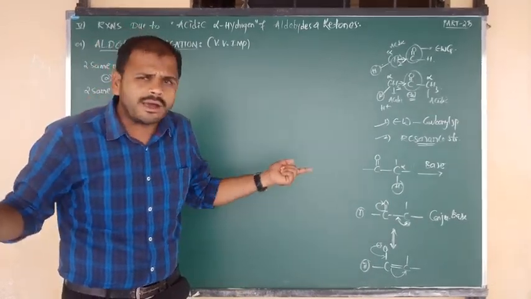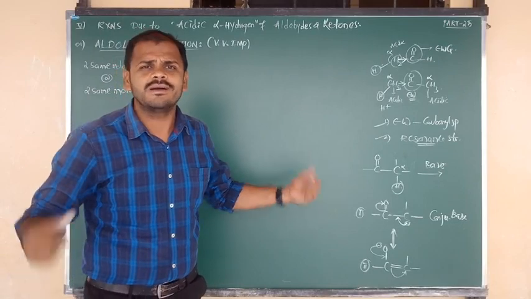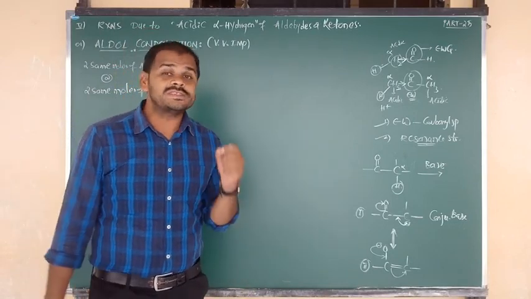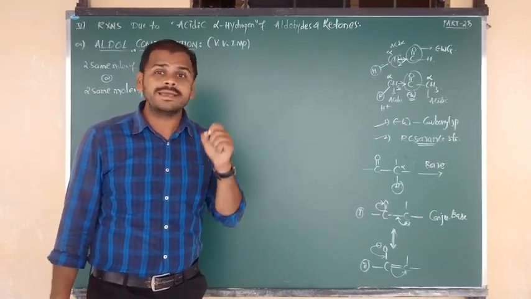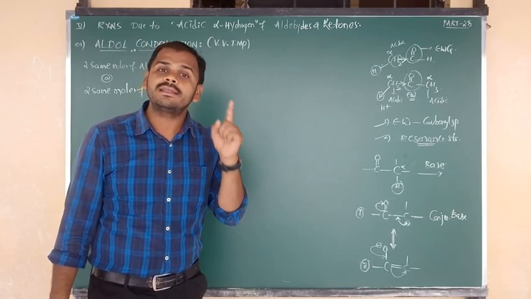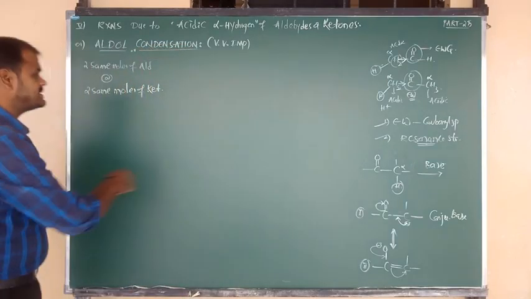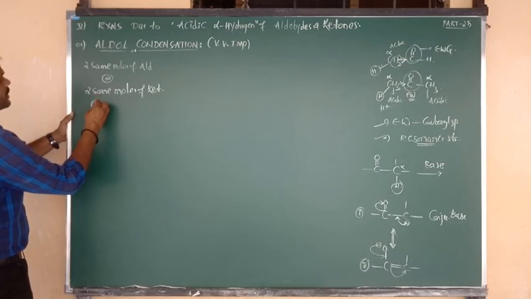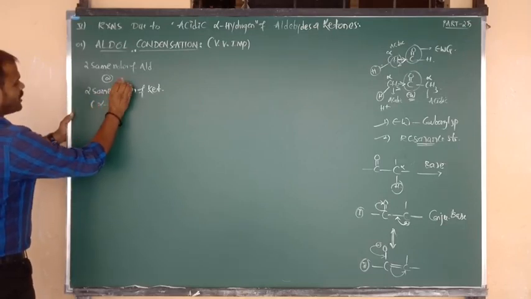If they do not contain alpha hydrogen, they won't undergo aldol condensation. So what is the required condition, beta? Aldehydes and ketones should contain at least one alpha hydrogen. This is the symbol. Okay, this is the condition, beta, be careful. So what do you require here?